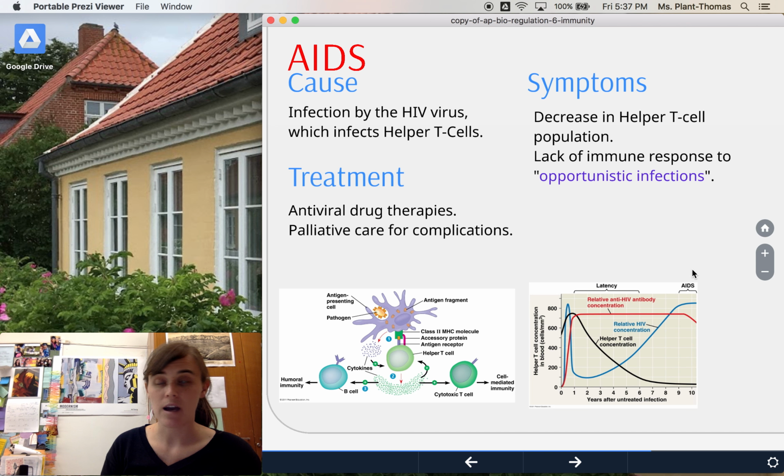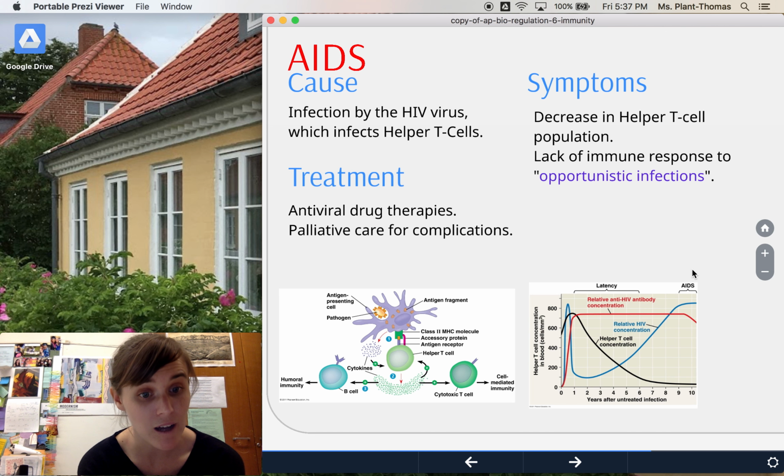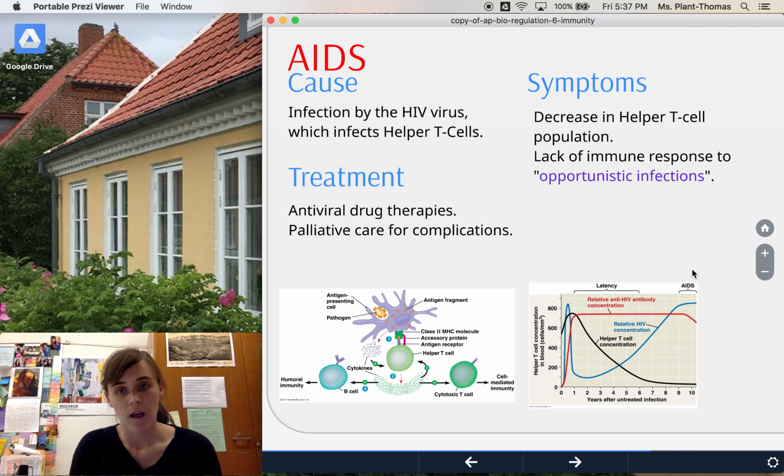Something that would not normally hurt someone very badly, or that someone would get over really easily, like the common cold, can be incredibly detrimental for someone who has HIV, because their body doesn't have a way to respond to that. AIDS is actually the whole host of symptoms that happens after someone has been infected with HIV. HIV is the virus, AIDS is the condition.